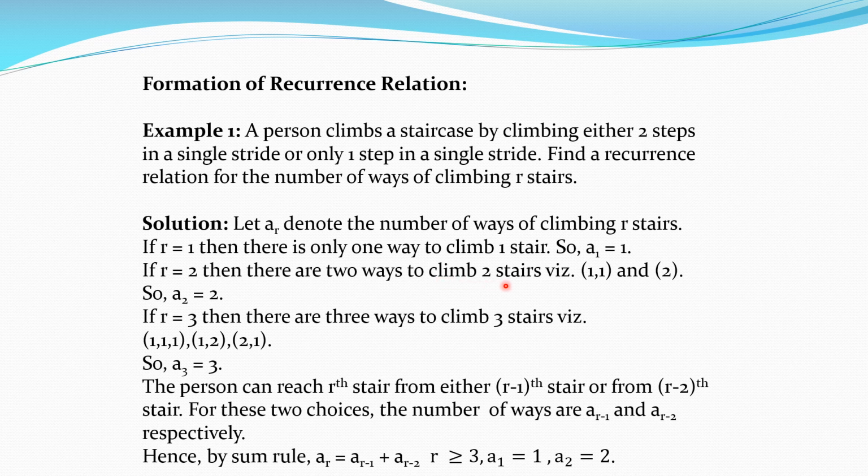That is one way of climbing the two stairs. Otherwise, he can climb two steps in a single stride, directly to the second step, written as 2. There is no other way of climbing the two stairs. So the number of ways is 2, and we can write A2 equal to 2.